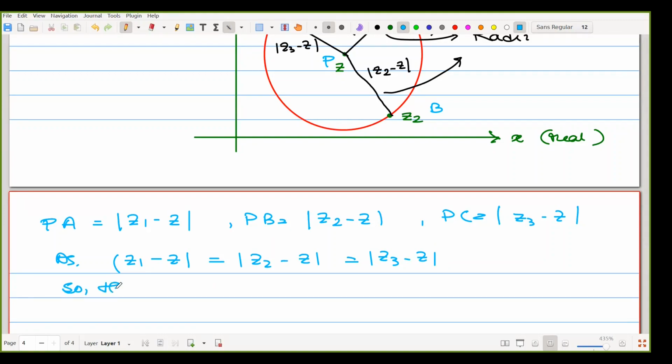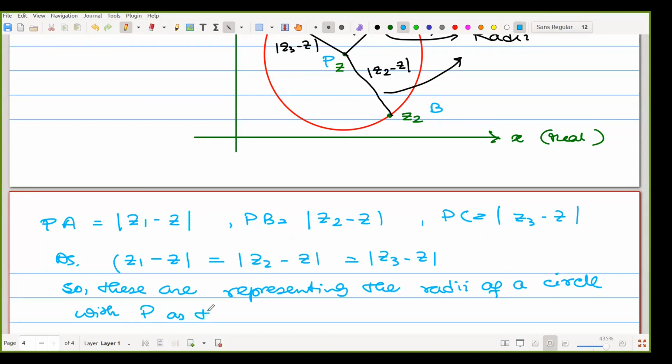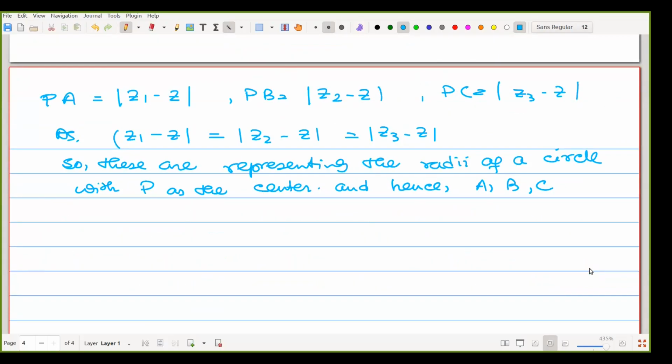So these are representing the radii of a circle with P as the center, and hence A, B, C lie on the circumference of the circle.